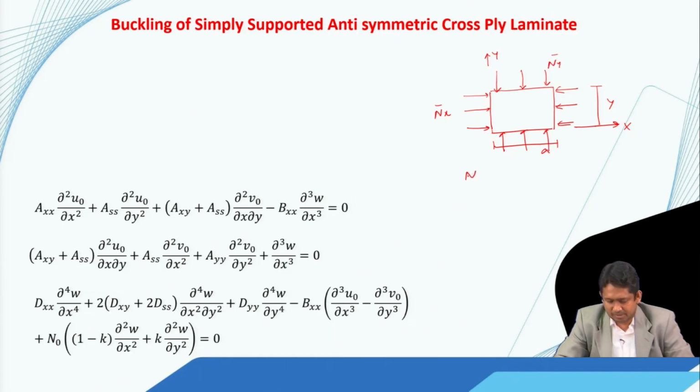and we know that NX bar equal to minus of 1 minus k into n bar, and NY bar equal to minus of k into n bar.